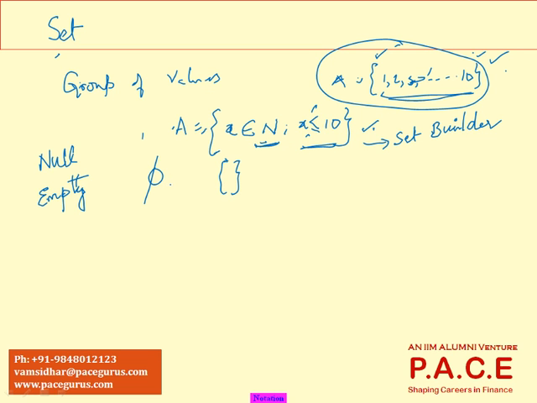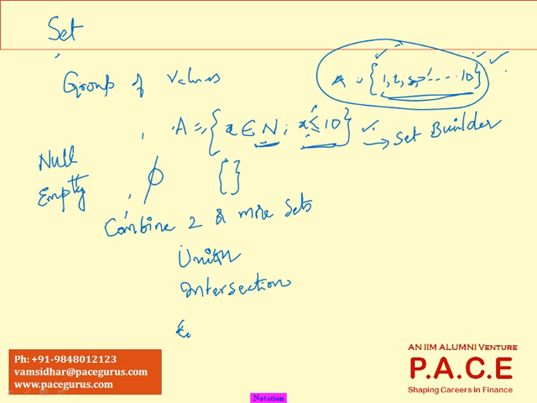Then a few more things you have to be comfortable using in set theory is, if I combine two or more sets, we can do that using some notations like union, or intersection, or complement.